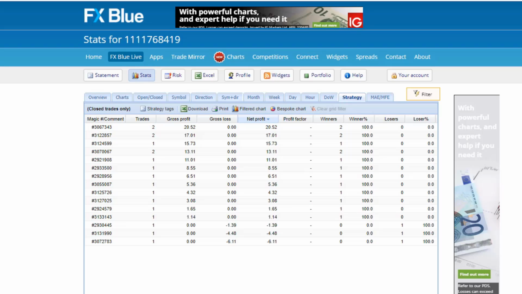Now you can use different methods to select which expert advisors to take from the account and place on a live account, or one more time you can place on another demo account just to practice the system. And many people prefer to test the expert advisors for some time, for example for 1 week, 2 weeks, 1 month, 3 months, or even longer.